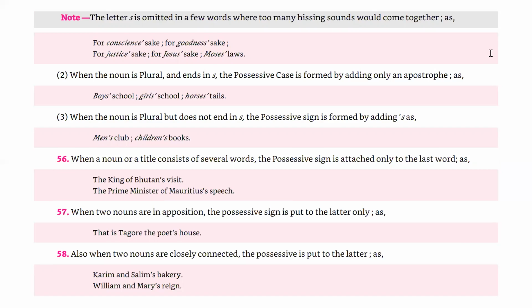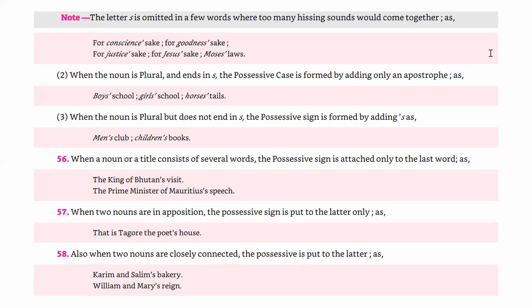For goodness sake, for justice sake. For justice sake means for nyaya. For God's sake. But in case of God, there is a D sound.